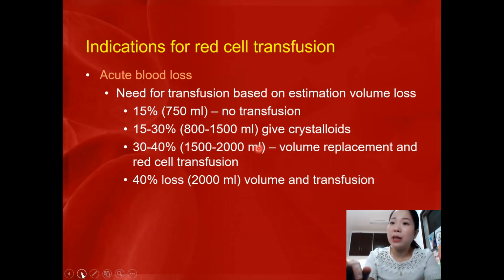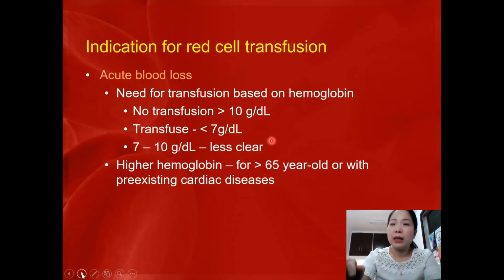However, if you are dealing with an acutely bleeding patient with a blood loss of almost 1.5 to 2 liters or even more, then aside from hydration, you need to prepare red cell transfusion. Aside from the clinical bleeding of your patient or the volume, you also look at the CBC of your patient.